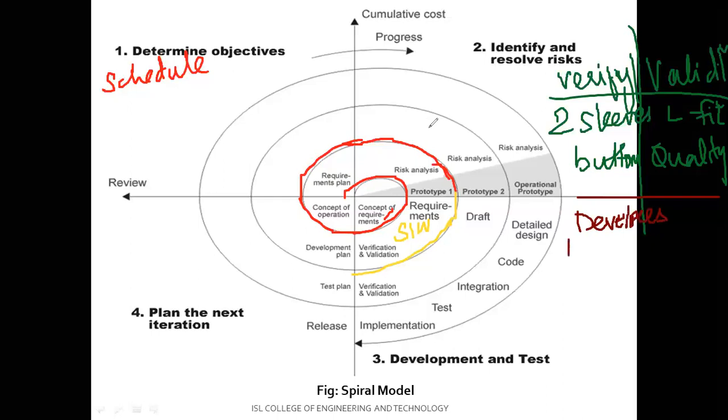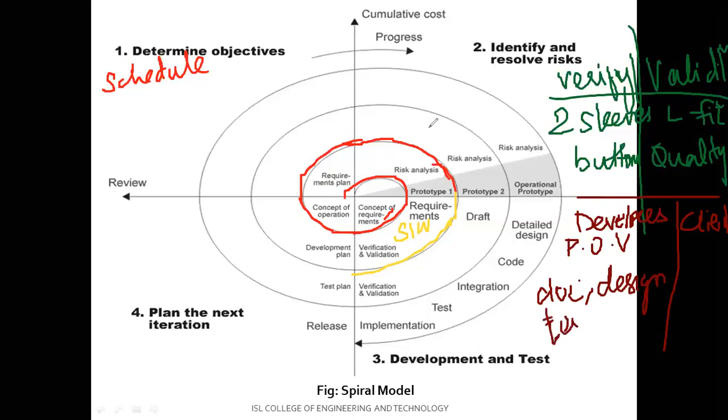Whereas validation is the client's point of view, how the end user thinks the system is. Within verification, what you might verify are documents, because in here you've got no sleeves and buttons. You're going to verify the document. You're going to verify the design that you've made for the prototype. You might check the test plan.